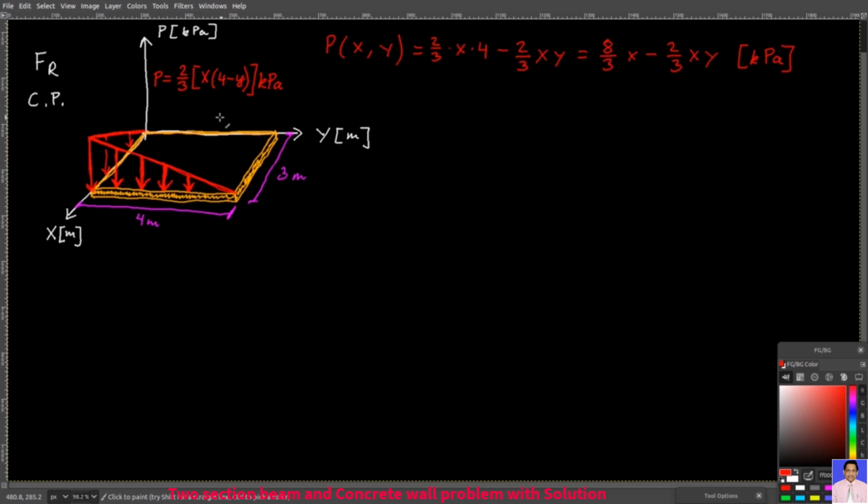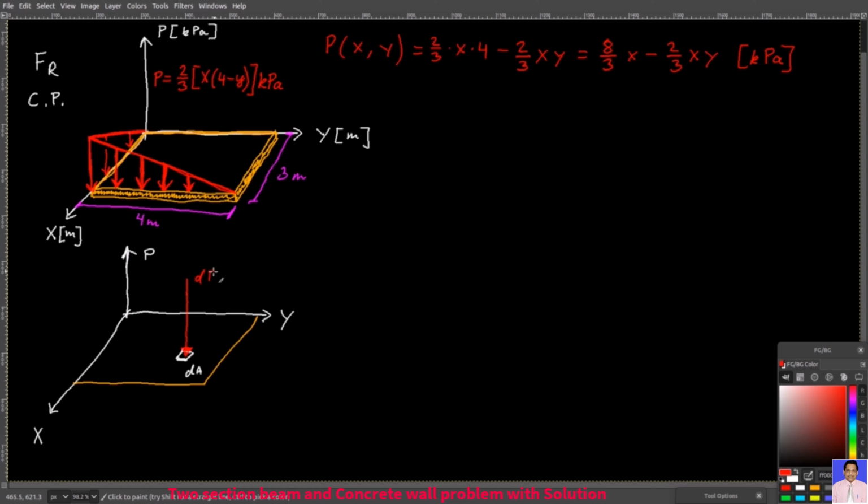To get the total load due to this pressure, you have to integrate that function over the entire area of the plate. So you have a small differential area here, which is your dA. Then this is your differential force that acts on this differential area. It equals pressure at this particular point, so pressure at x asterisk and y asterisk times dA.